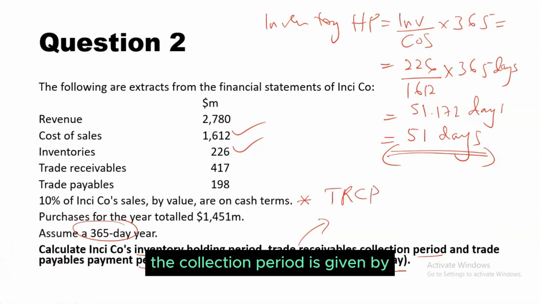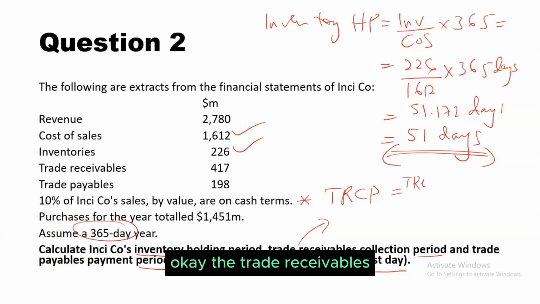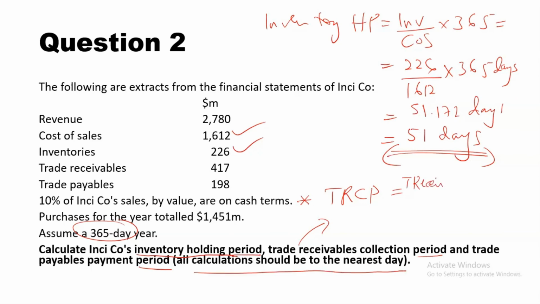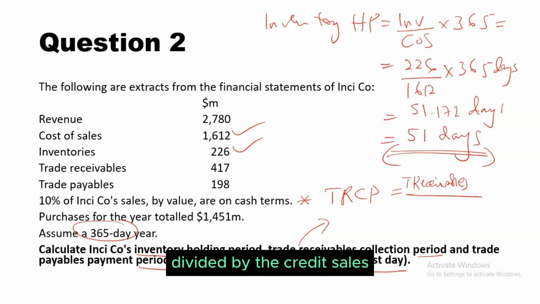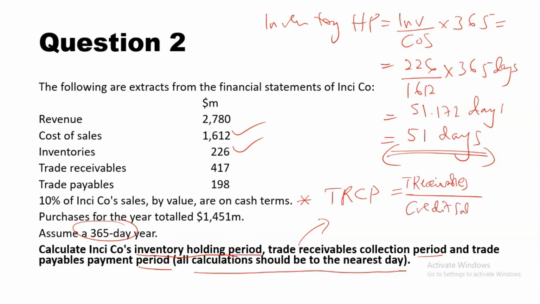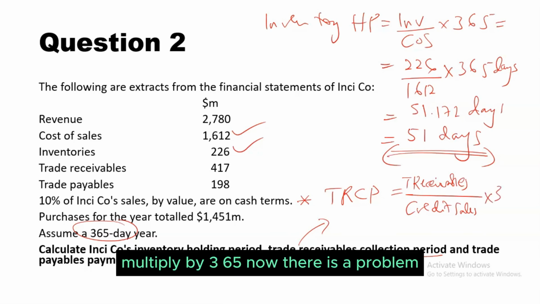The collection period is given by the trade receivables divided by the credit sales multiplied by 365.